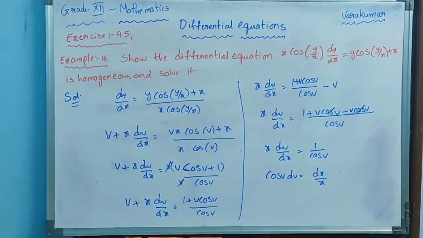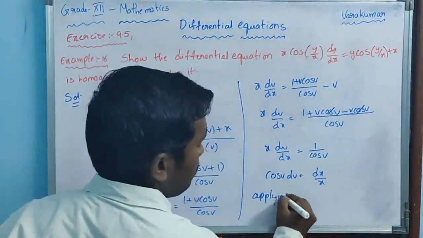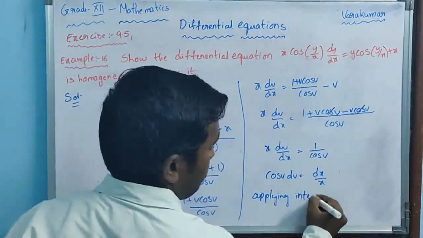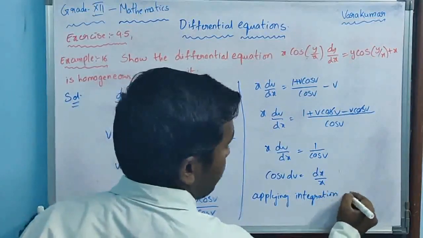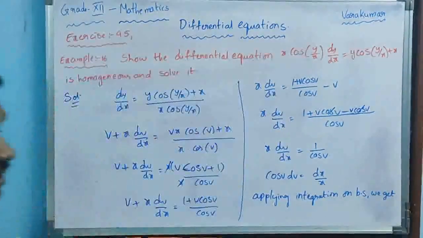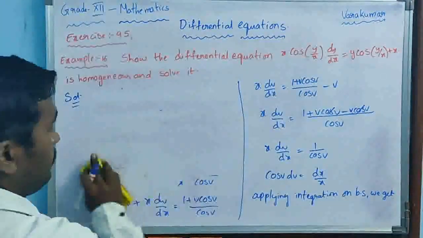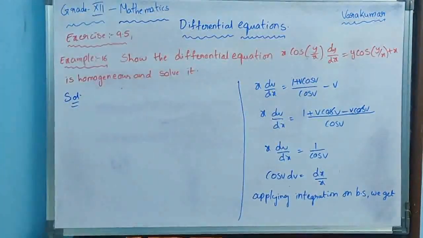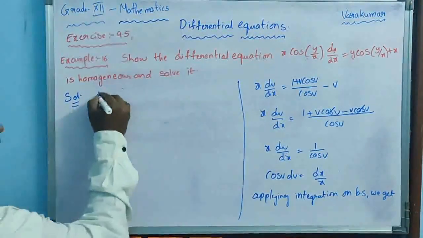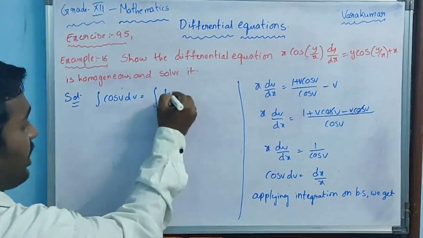Applying integration on both sides, it turns into the integral of cos v dv equal to the integral of dx/x.